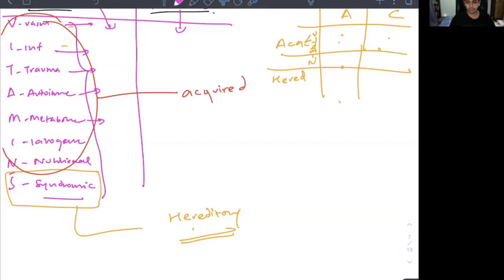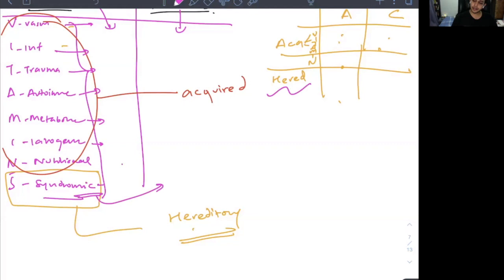Metabolic, such as nutritional deficiencies, drugs that can cause acute and chronic ataxia, and syndromic, that is your hereditary causes. So hereditary causes are usually always chronic, because it's unlikely that a hereditary cause will present acutely.